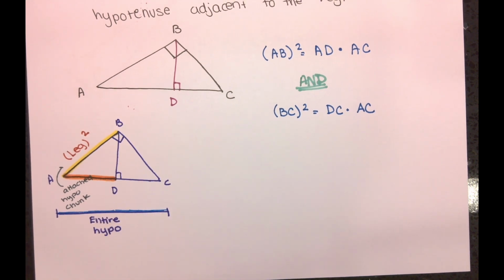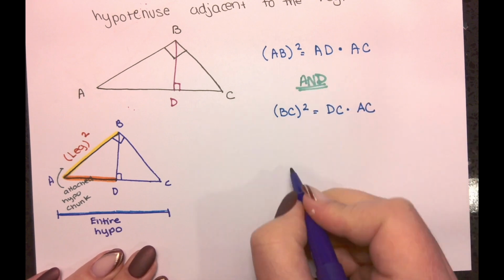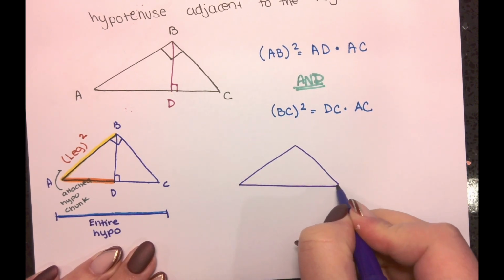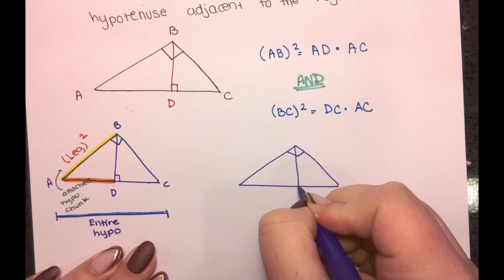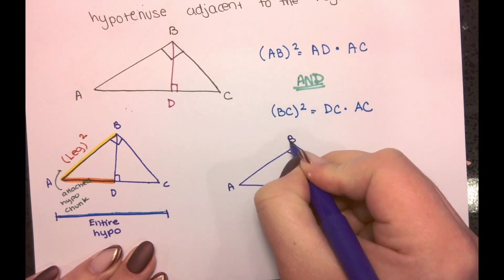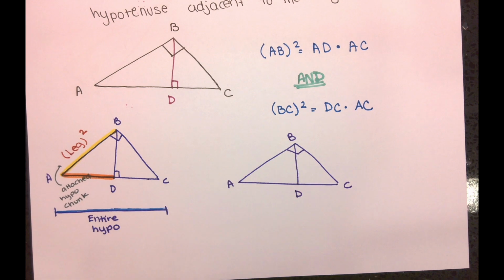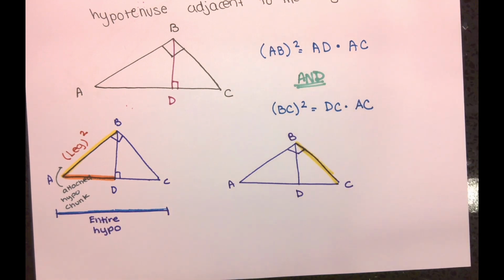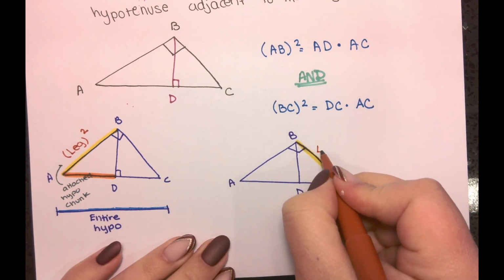Now let's do it again. Draw this one out. Here's A, here's B, here's C, here's D. Now if we're doing this leg here, that's the leg that's going to be squared.